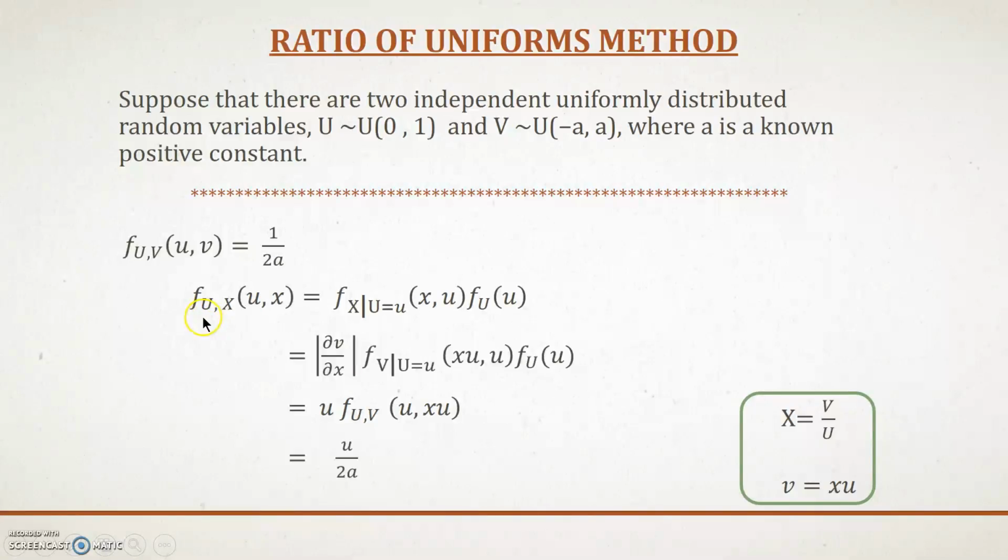This is going to be the function for u and x, f subscript x u, and that is going to be equal to the partial derivative of v over the partial derivative of x times f subscript v u, and that is going to be equal to u. And what you see here is that this v now becomes our xu, because we're switching and putting that in here.